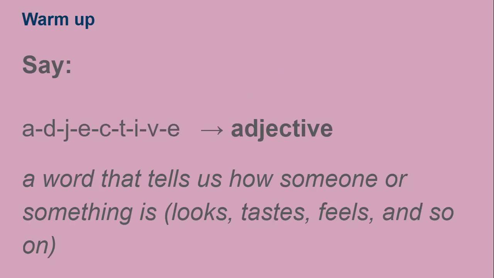So words like nice. For example, my ice cream is nice. In this case, I am saying how the ice cream is, how the ice cream tastes. All right? If I say my car is beautiful, I am saying that my car looks beautiful.